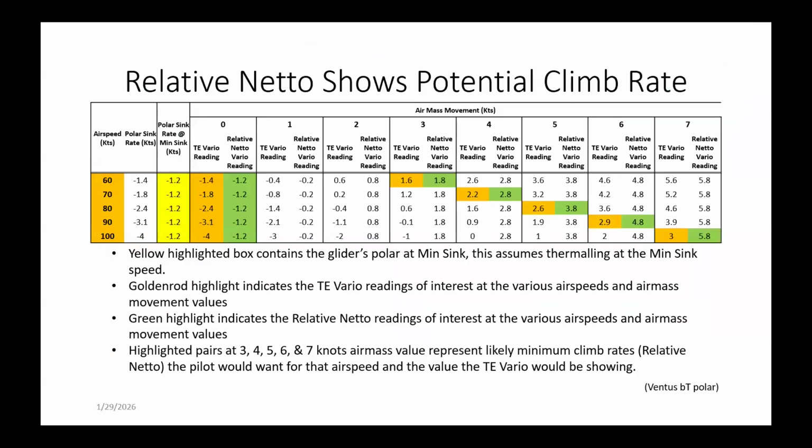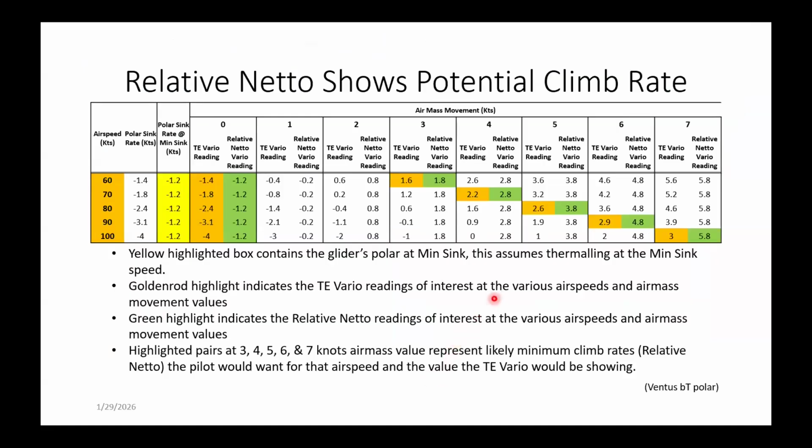This one's a horrible slide. Before I put an electronic vario that could do relative netto in my glider, I actually flew with a chart like this laminated to help me understand how the air mass was working around me.